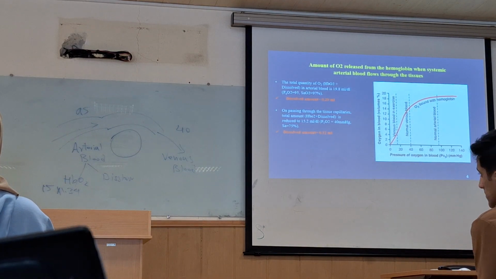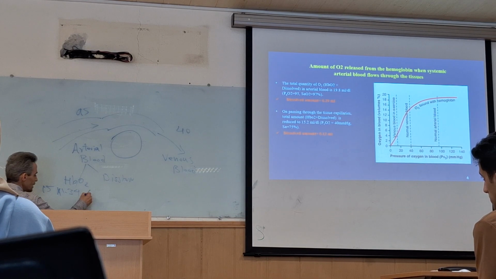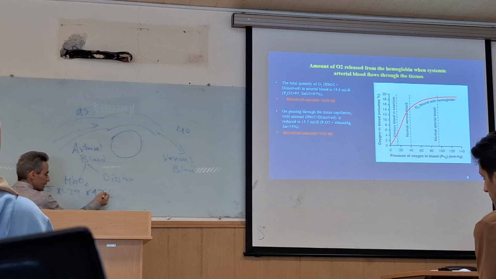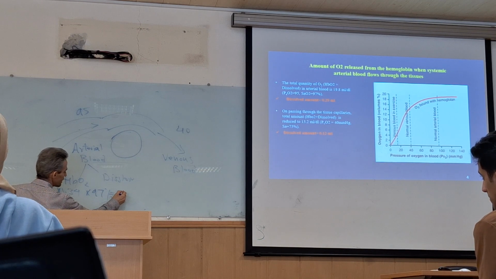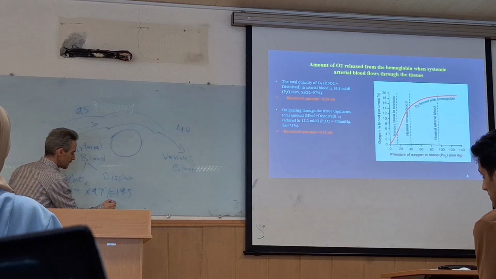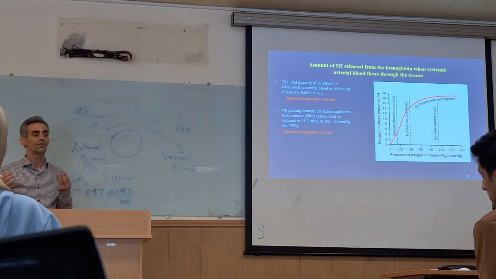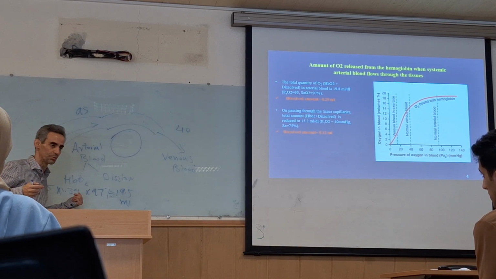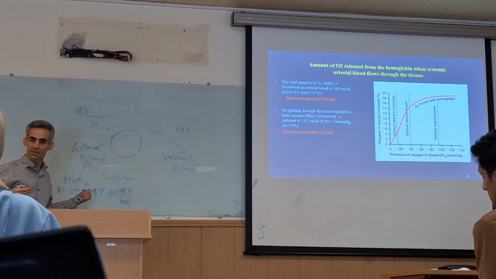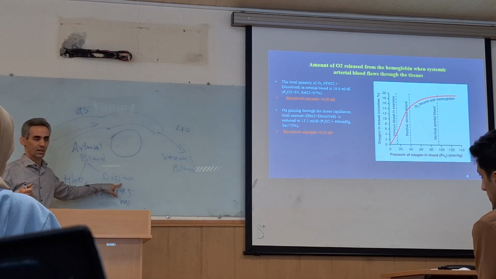So 15 gram, each gram 1.34, and only 97%. By this calculation, you see that 19.5 milliliter of oxygen is bound by hemoglobin inside each deciliter of blood. The remaining is dissolved.